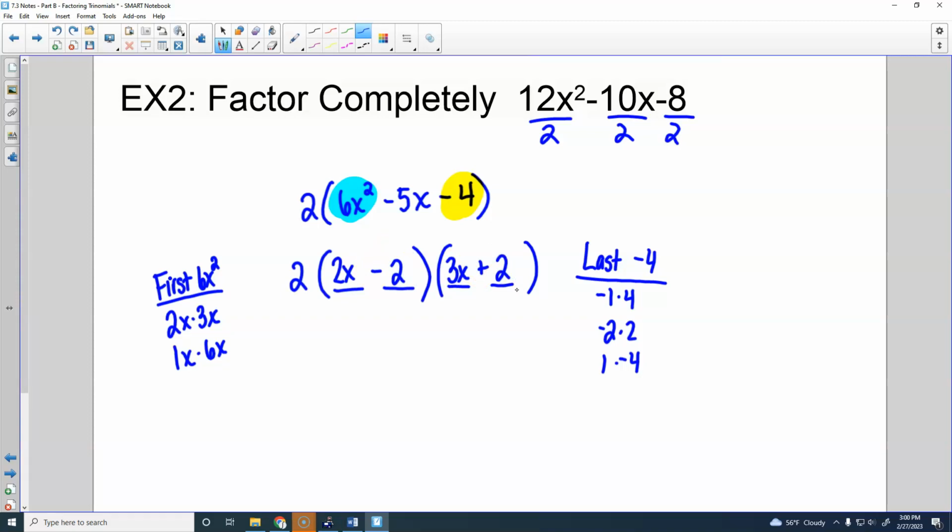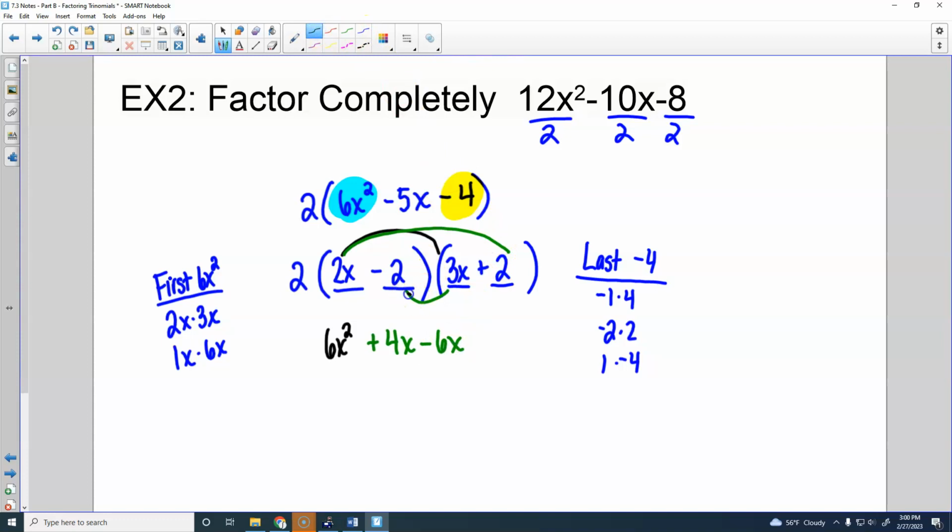Okay? And now we're just checking, right? So we should see our first term should work because that's the reason we picked it, right? 6x squared. And then we're going to do our middle terms. So that'll be plus 4x minus 6x.